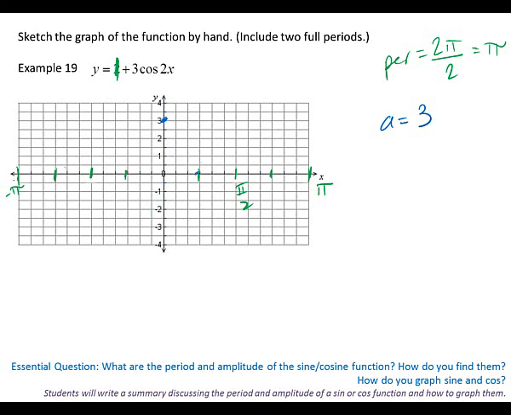Down first. So I'm going to go down here. And then it should go down again as far as what? -3. Good. All right, and then from there, it should go where? Up to 0, and then back up to 3.